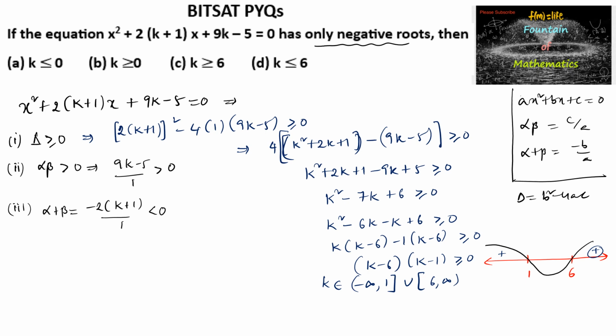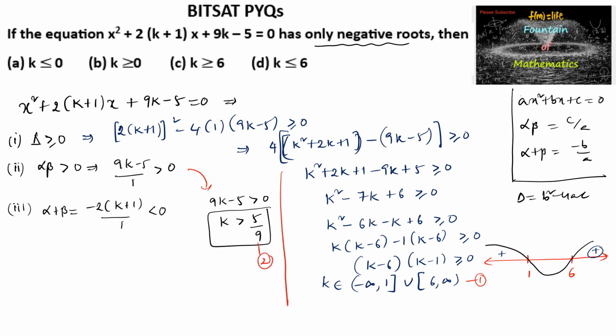So this is the condition 1. And coming to the second condition, we can write 9k minus 5 is greater than 0. So k is greater than 5 by 9. So this is the second condition.